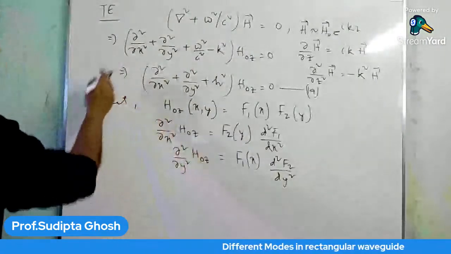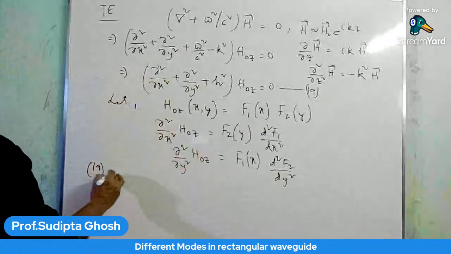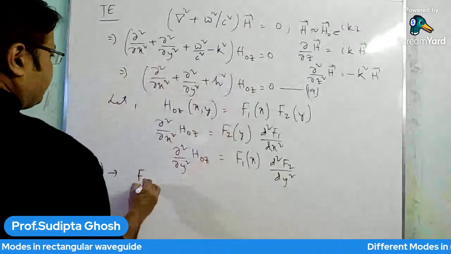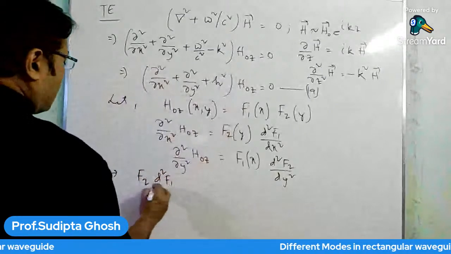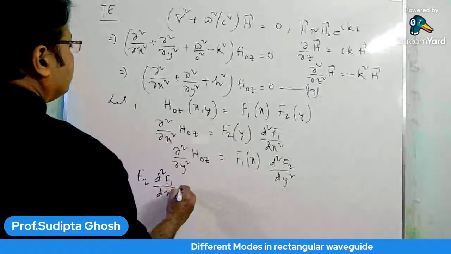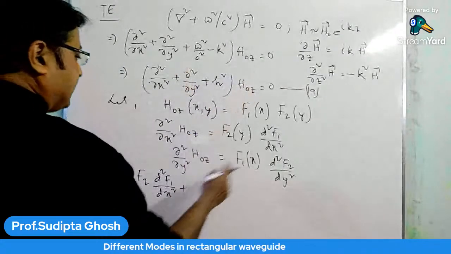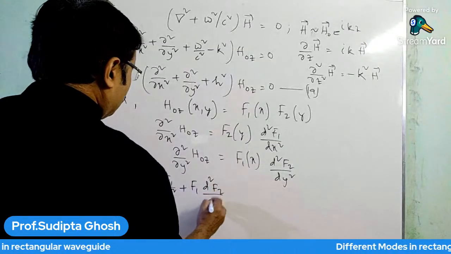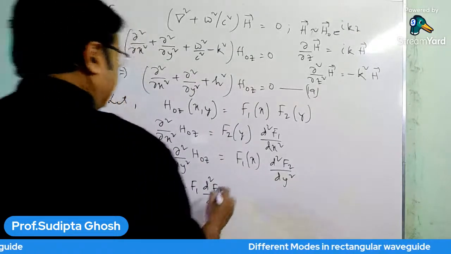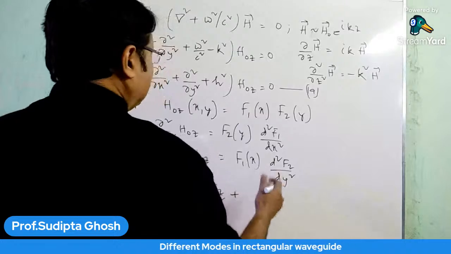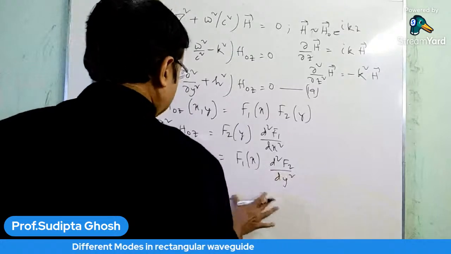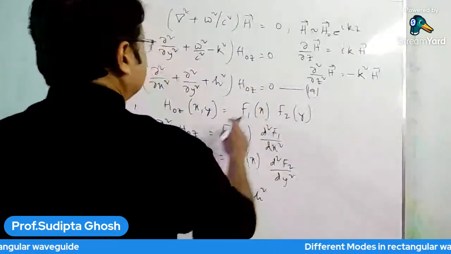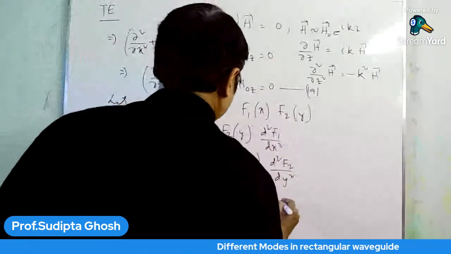Putting these values in equation number 19, we have f2 d2 f1 dx2 plus f1 d2 f2 dy2 plus h square HOZ equals zero, that is, equals minus h square times f1 into f2.